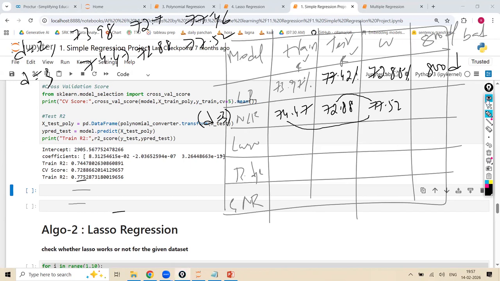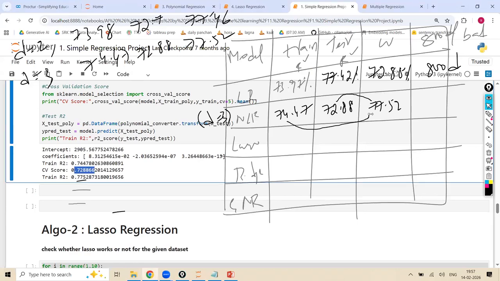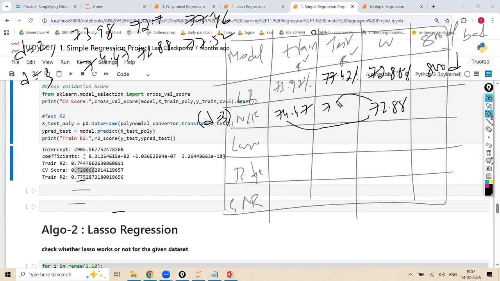Now is it a good model or bad model? It is a good model. So with this, non-linear is also completed. Linear is good, non-linear is good.